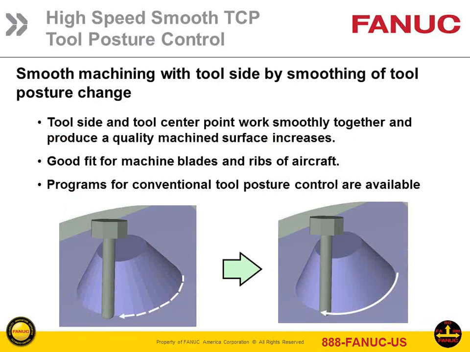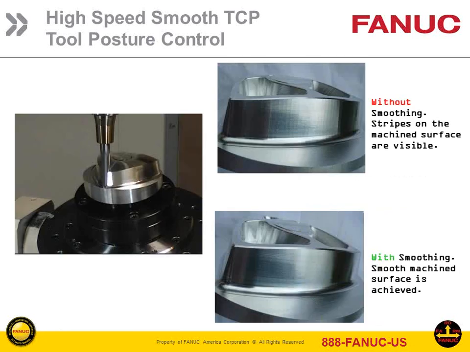What's good about this is you get tool side and tool center point working smoothly together to produce a quality machined surface. This is good for aerospace parts, like machine blades and ribs of aircraft. Programs for conventional tool posture control are also available. Again, with high-speed smooth TCP, you can see the first example here of a cut, and you can see the faceting on the side.